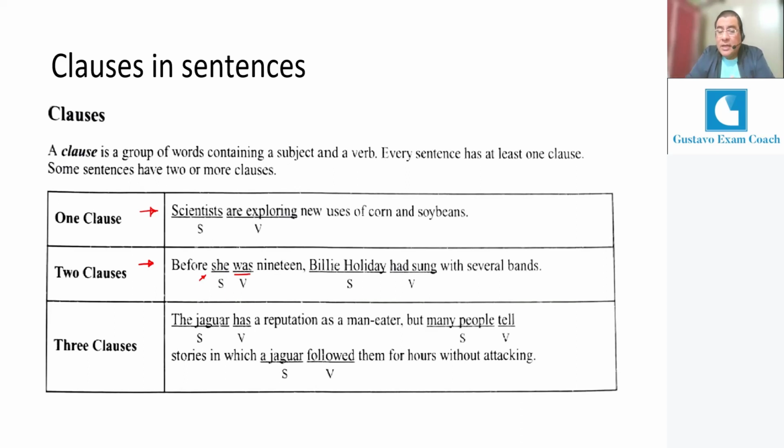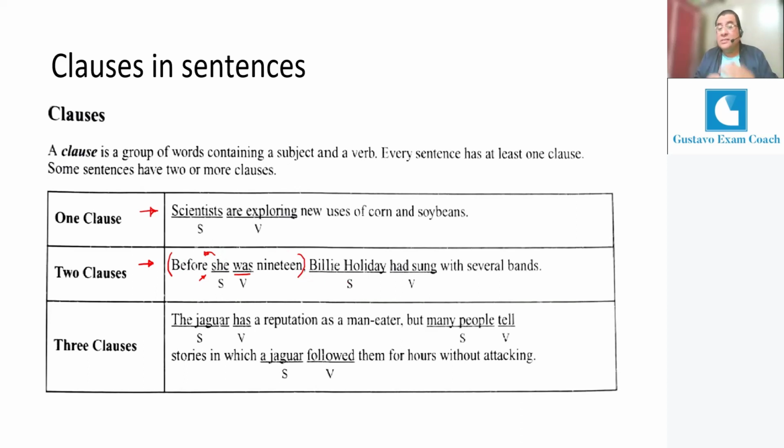But notice that in this initial clause, we have a special word, before, just prior to our subject she. So our first clause in this sentence is before she was 19, and then the comma ends this first clause.